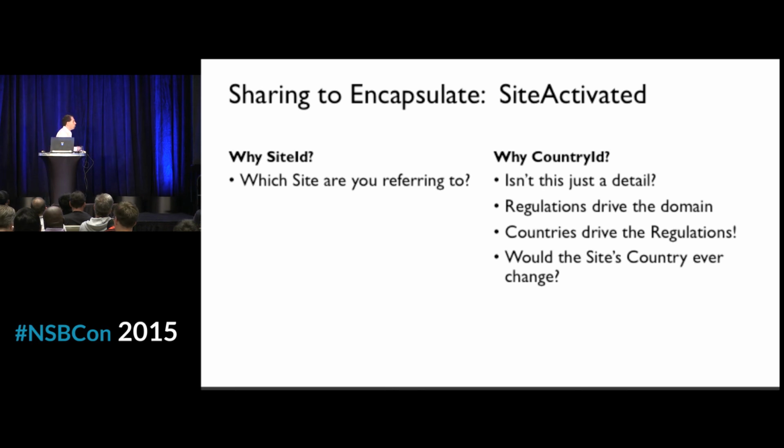What about the relationship from the site to the country? Could the site ever change a country? It's a physical place, right? So the data representing that relationship is immutable. So in summary, a stable business abstraction, in this case, we have stable and immutable data being shared during a well-known, well-defined activity.